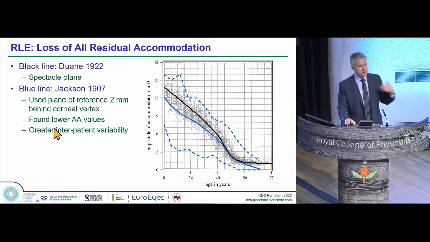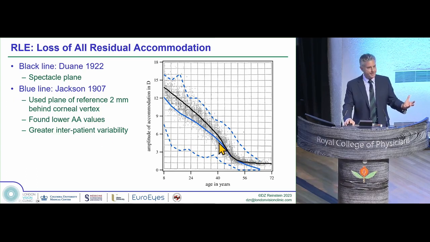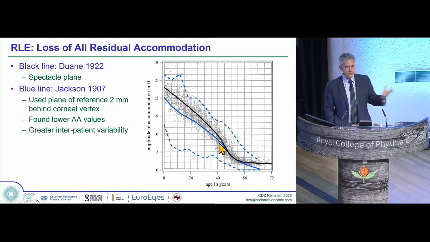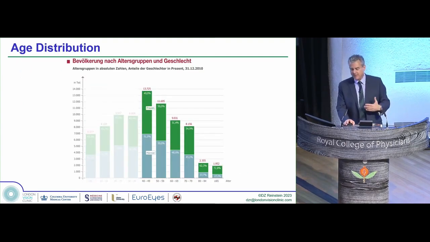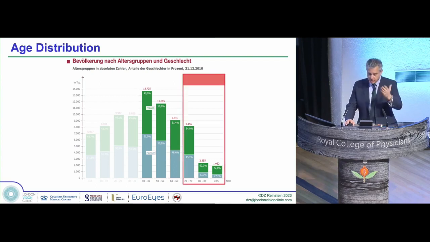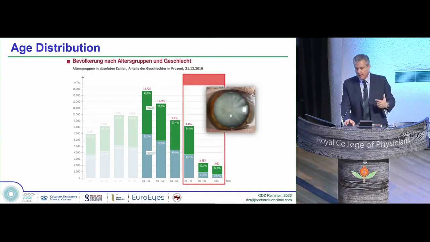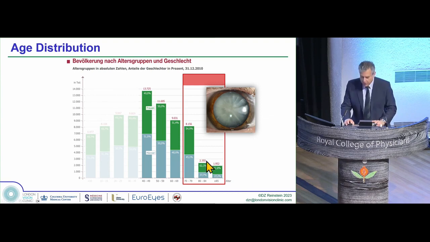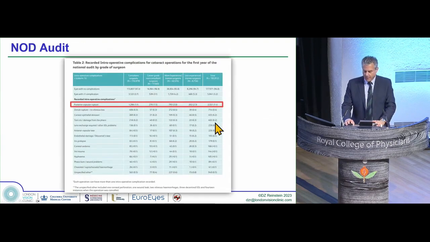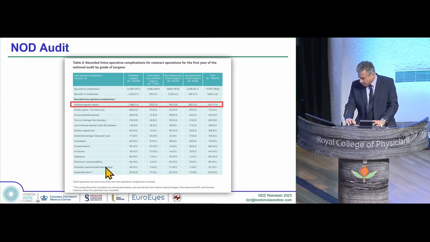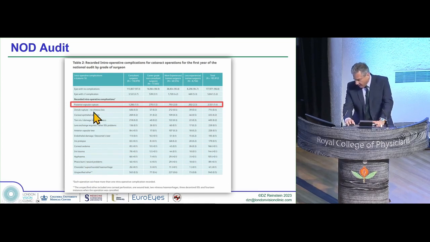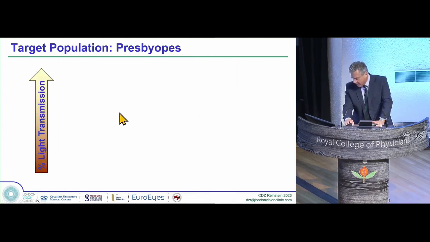Well, if we don't touch the lens, we maintain the accommodation that's still left in the eye. That's a good one. Also, if we look at the population census in Germany as an example, and we don't discuss over 70-year-olds, because that's cataract, okay? And we look at the NOD database here in the UK, and we look at complication rates, posterior capsular rupture rates.